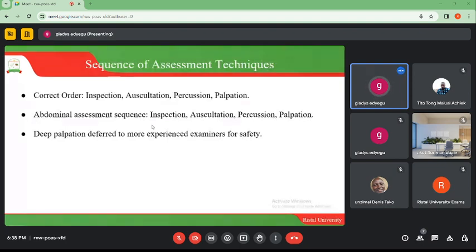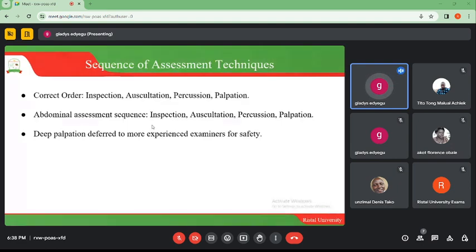So the sequence of assessment techniques is exactly what I've already mentioned in the previous slide. And then abdominal assessment sequence, you have to inspect. Then after inspecting, you auscultate, you percuss and palpate, which is the same. And that is the correct order when you're doing assessment technique.